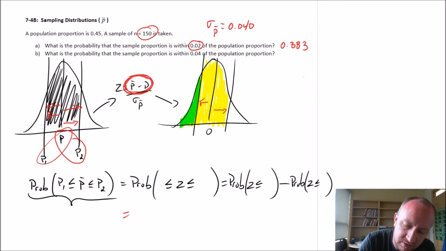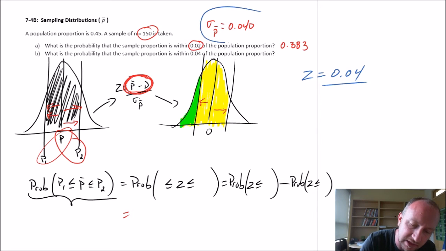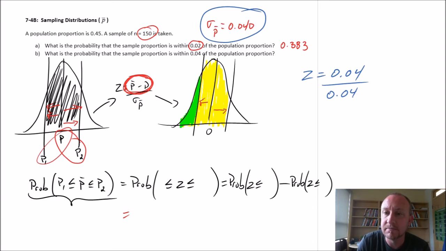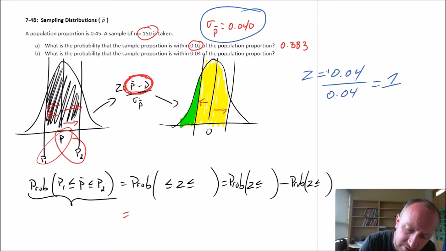So my z-score, now that difference, plus or minus 0.04, divided by the standard error, which hasn't changed, 0.04. Well, that's a straightforward calculation. Now, this is going to be equal to 1, plus or minus, of course, because we're looking at either side.